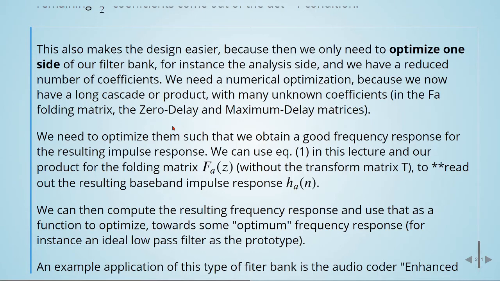We need a numerical optimization because we now have a long cascade of products with many unknown coefficients in the FA folding matrix, the zero delay and the maximum delay matrices. We need to optimize them such that we obtain a good frequency response for the resulting impulse response.